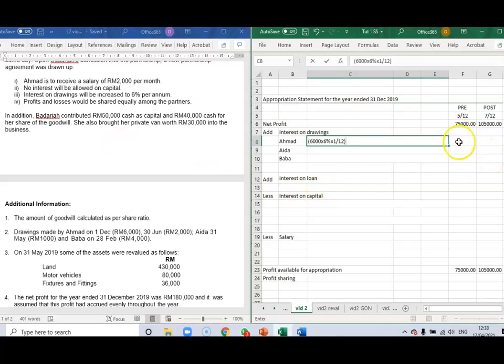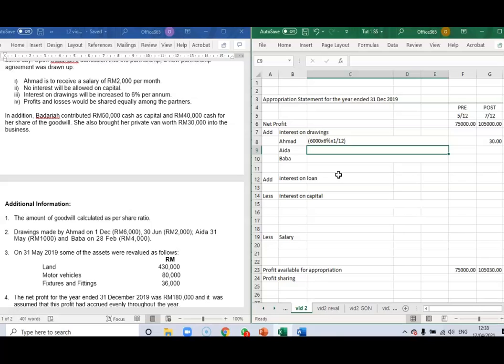So you will not put it in here because it's not applicable for pre. So just black it out. So the amount of interest on drawings is in the post. So the post will be 6,000 multiplied by 6% and multiplied by 1/12. So it's 30 ringgit.